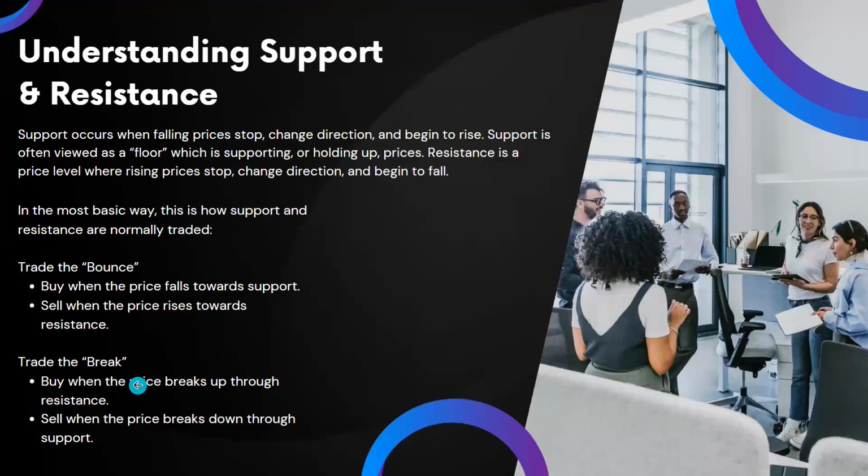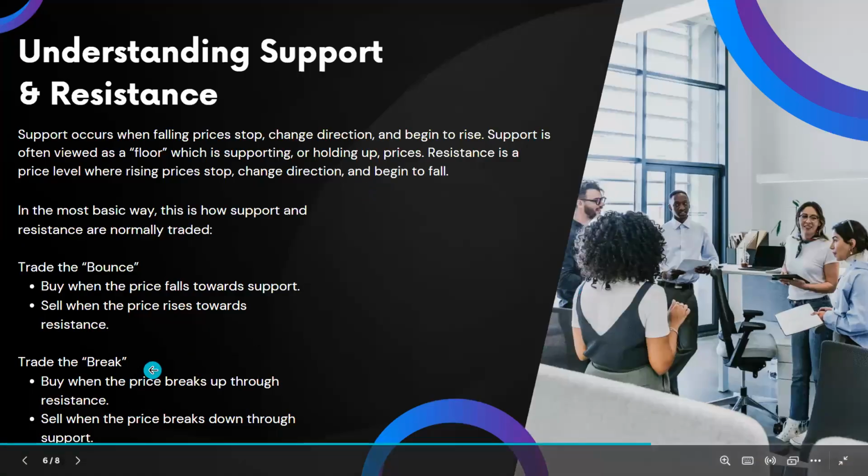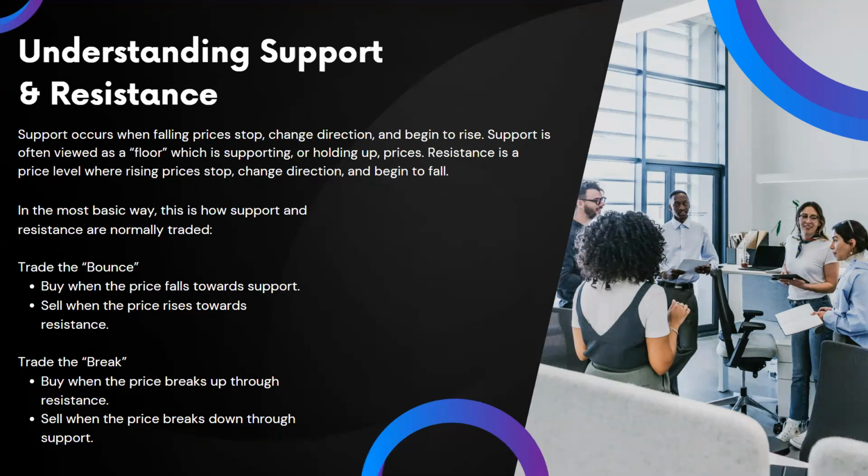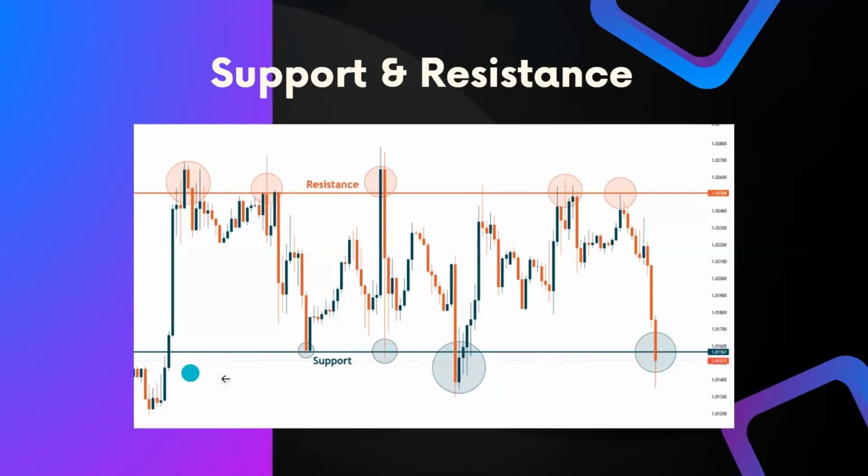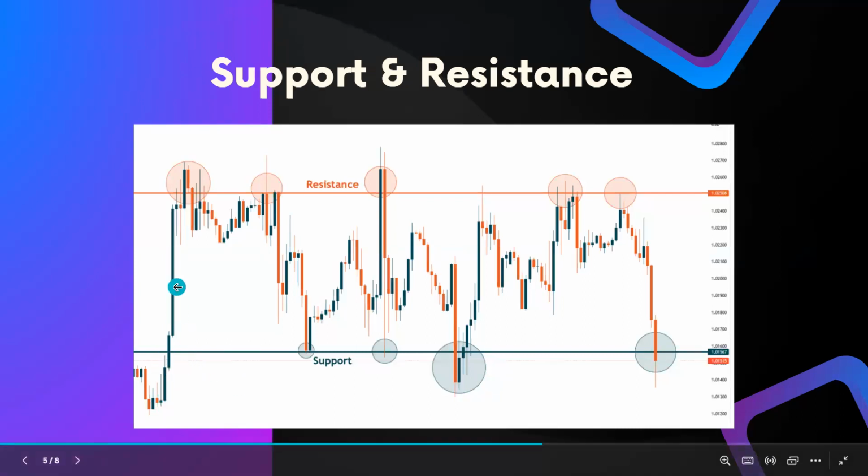Other traders will trade at the break. So they'll actually buy when the price breaks through resistance and sell when the price breaks through support. So these are two strategies you can use with the indicator, and either strategy is very lucrative. You can choose depending on the type of strategy you like. For example, let's look at this here, right?